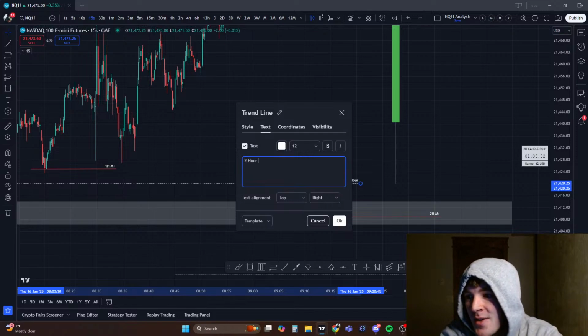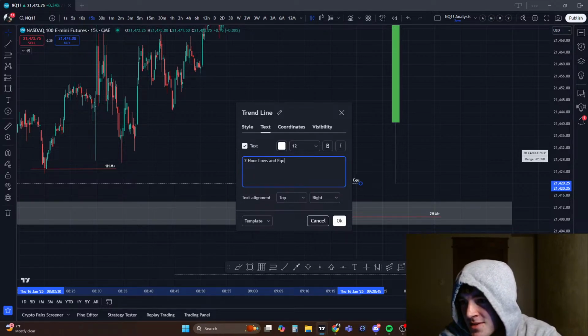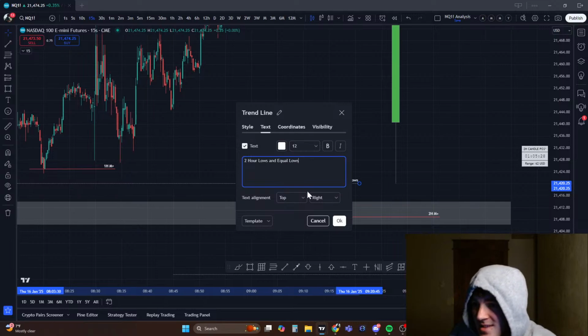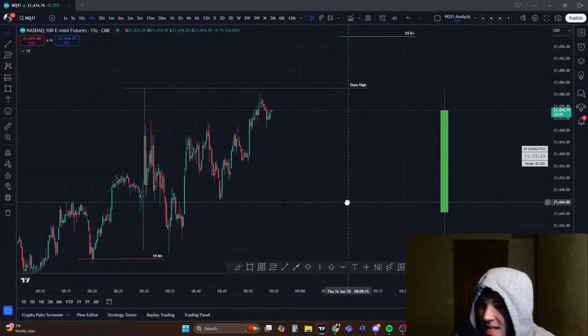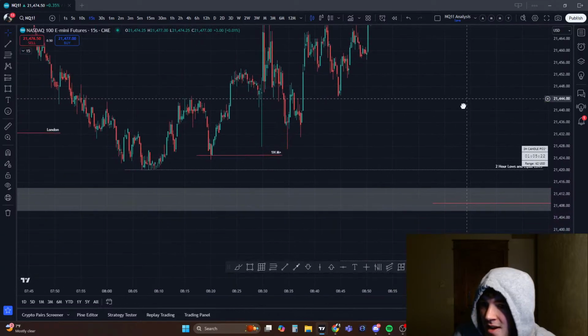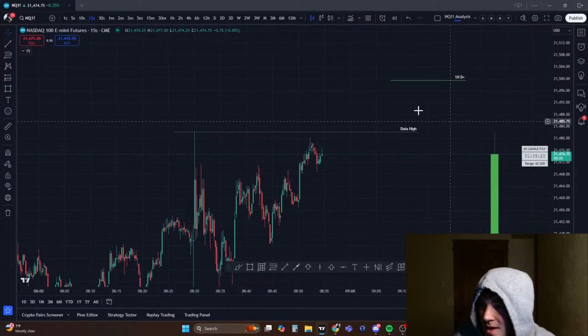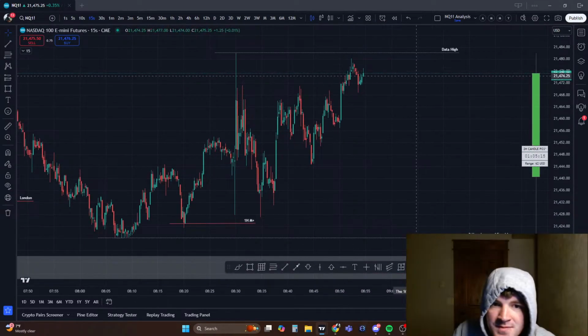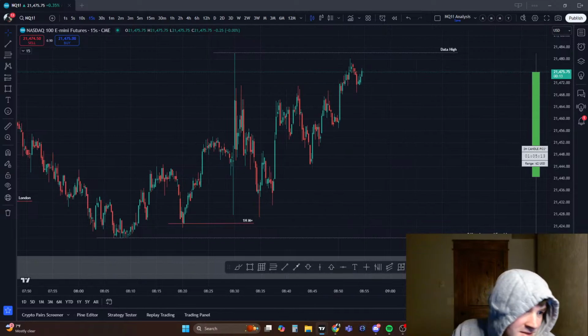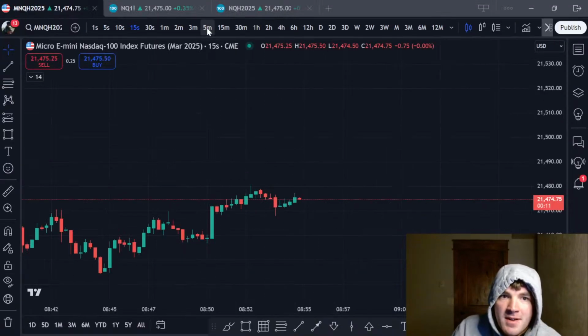These are 2 hour lows and equal lows. And then, yeah, the data high and 2 hour highs right here. Let's go back to the other screen and just be prepared.